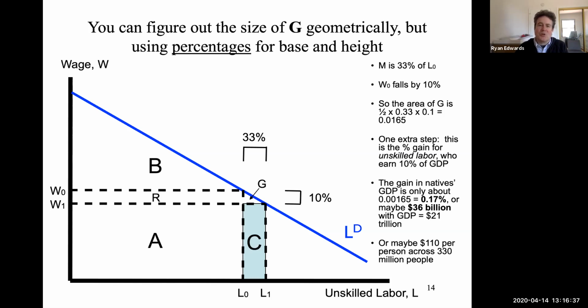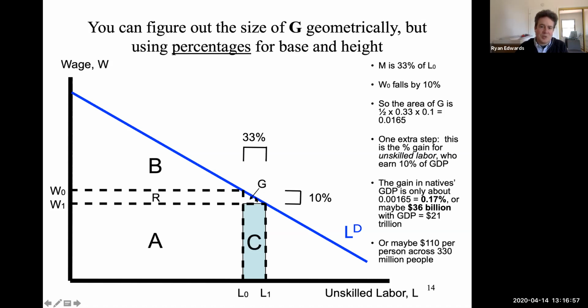So suppose we're talking about a 33% increase, and so this is the part that's most definitely not to scale here in this graph. Eyeballing it, this looks like maybe 1/10 or so of the total amount of labor, and it turns out for natives with less than a high school degree back in 1997, the number was about 33%.